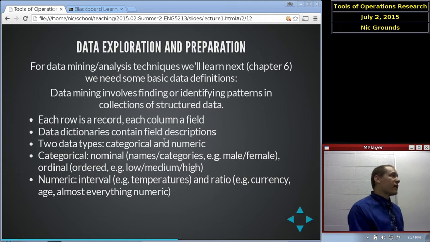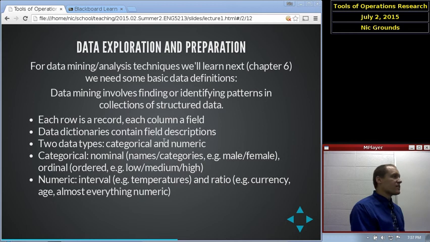And maybe we can use that information to make decisions about how to increase the likelihood that you would graduate, or what things we can do to help you graduate where we think you might not otherwise. Okay, that's the kind of situation data mining is going to be useful in.